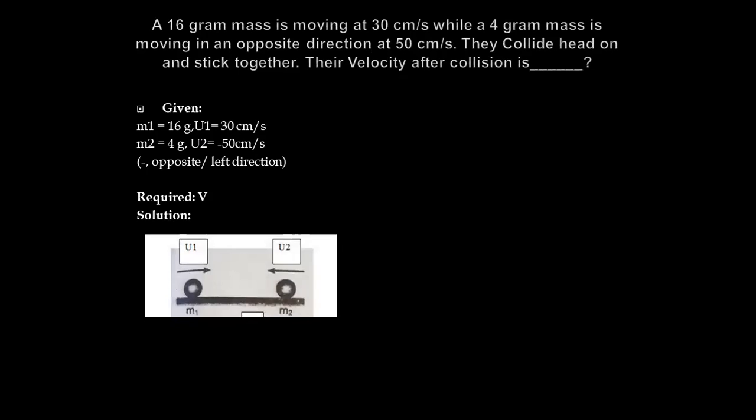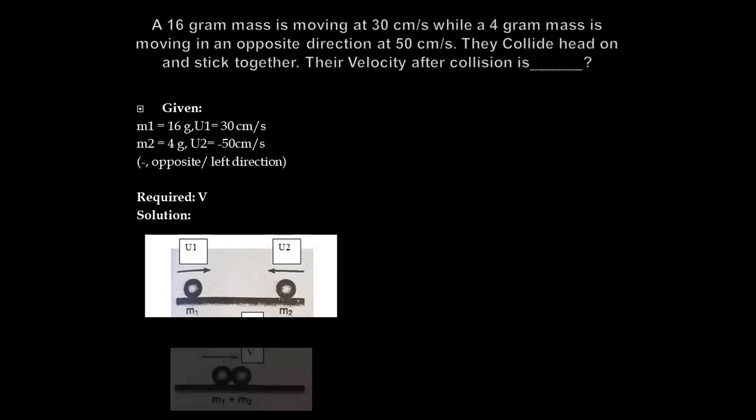If we proceed now with the solution, we are going to illustrate the initial impact. Okay, we have M1 and M2 in a head-on collision. M1 has U1 as its initial velocity prior to the collision, and M2 has its initial velocity U2 going toward the first mass M1.